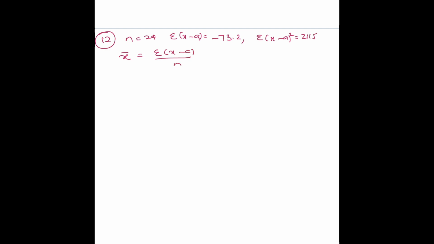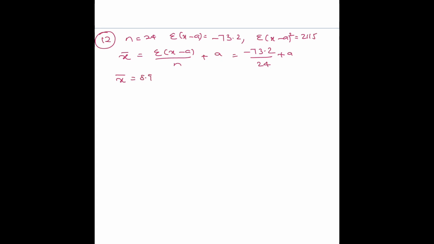X bar is sigma (x minus a) over n, negative 73.2 over 24. Okay, I made a mistake there. I forgot to add a there. So it's negative 73.2 over 24, right?